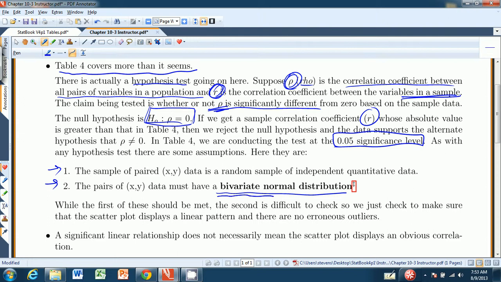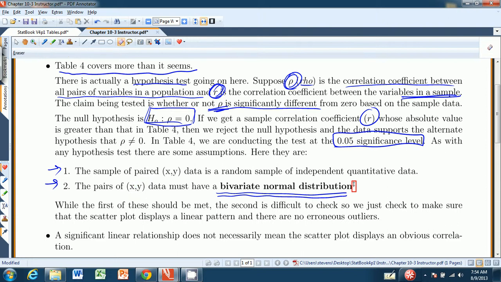And that is not that hard to describe. It means that for any specific value of x, all of the corresponding y values are normally distributed, right? For any x.